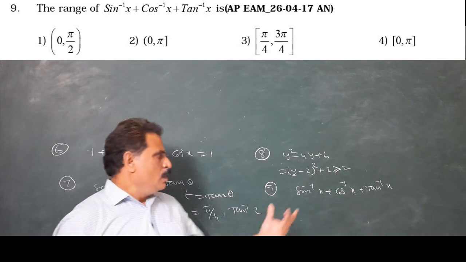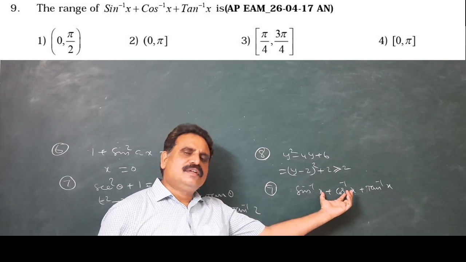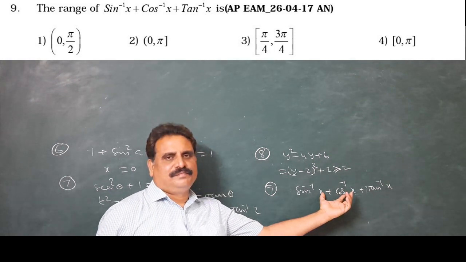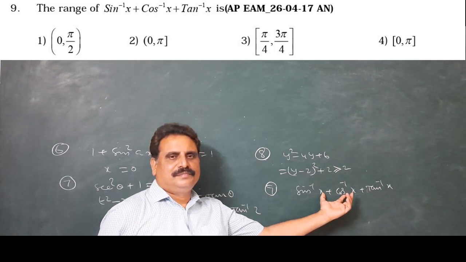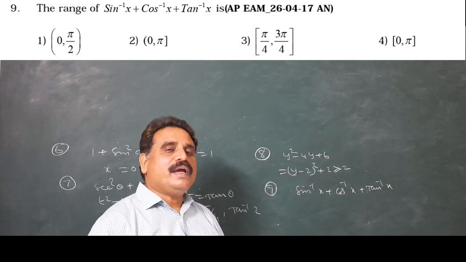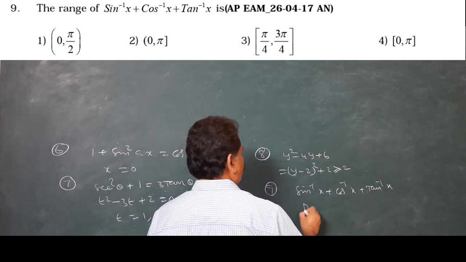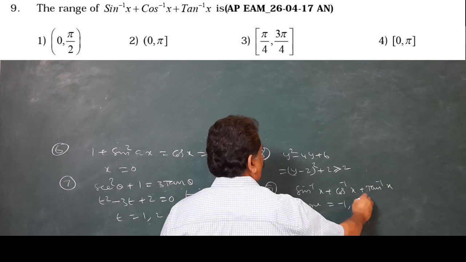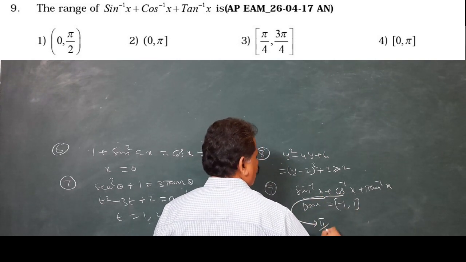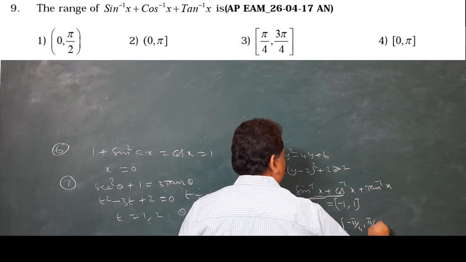Actually, if the function does not contain these terms, for tan inverse x, the range is minus pi by 2 to pi by 2. But here sin inverse x and cos inverse x were included, so the domain is restricted to minus 1 to 1. So this was pi by 2 plus this range, minus pi by 4 to pi by 4.